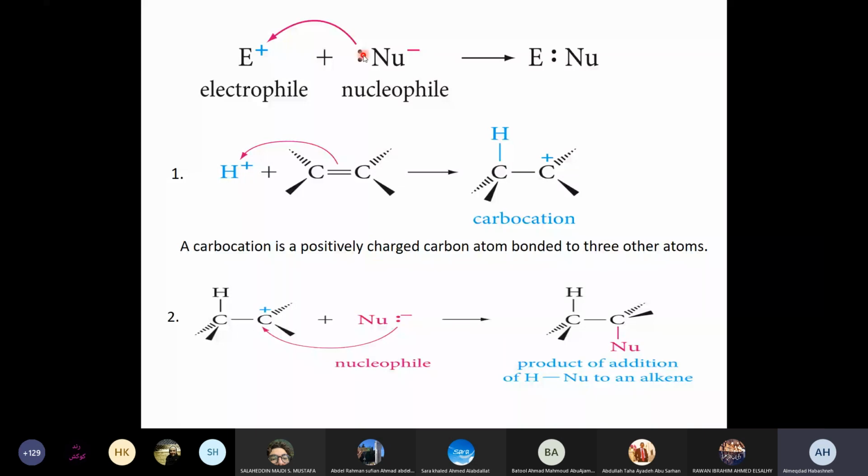The lone pair of electrons at the nucleophile goes to fill the space. لذلك النيوكلوفايل هو اللي بيهجم على الالكتروفايل عشان يعبي النقص في الكثافة الإلكترونية.